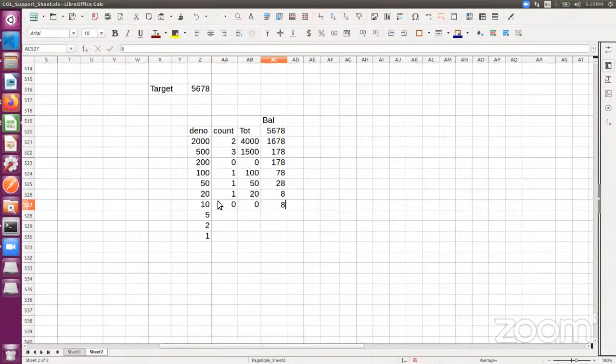Then 5: 1, 2: 1, 1: 1. Finally, you'll get a balance of 0.